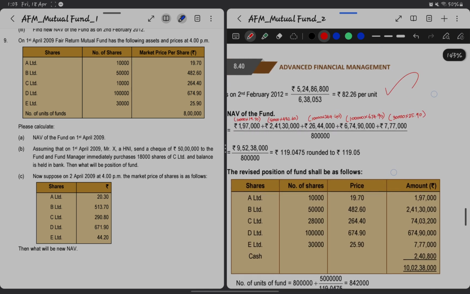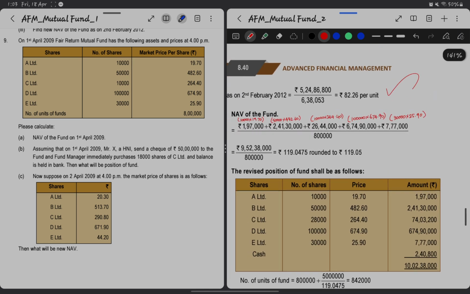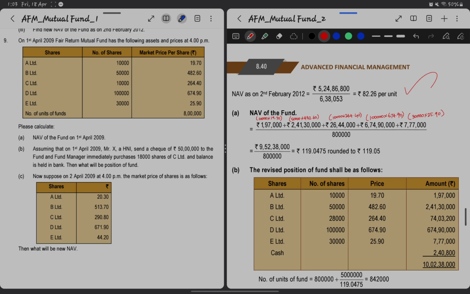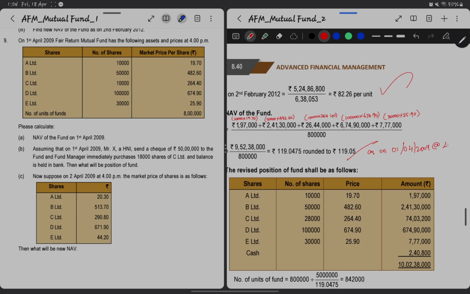So the summation of this divided by the number of units will give us the NAV of the fund, which is nothing but 119.05. This is as on 1st April 2009 at 4 pm.